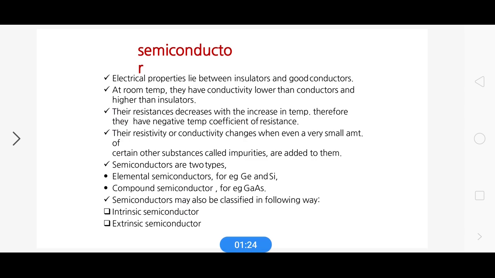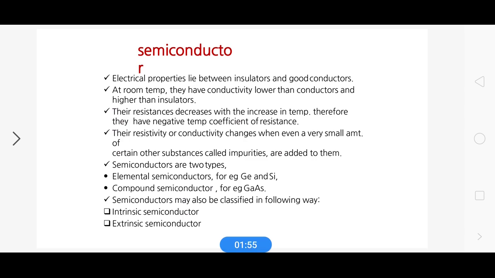As the temperature increases, the conductivity will change, but at room temperature the conductivity is less than that of conductors and higher than insulators. If you observe the resistivity of semiconductors, it decreases with increase in temperature.